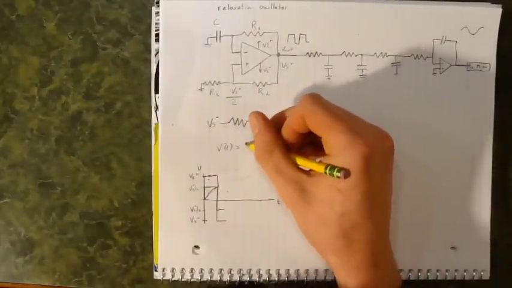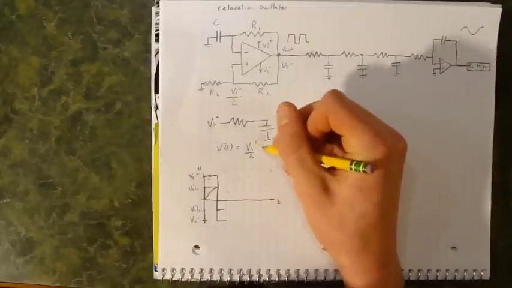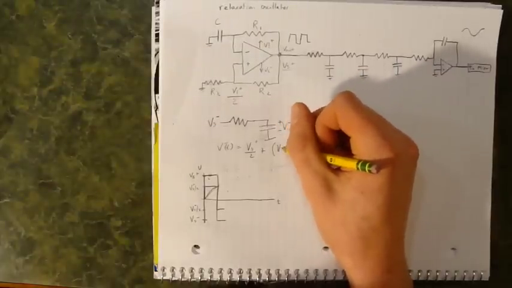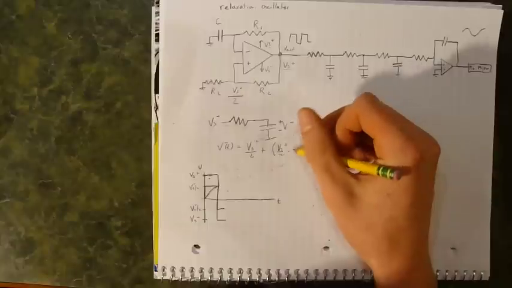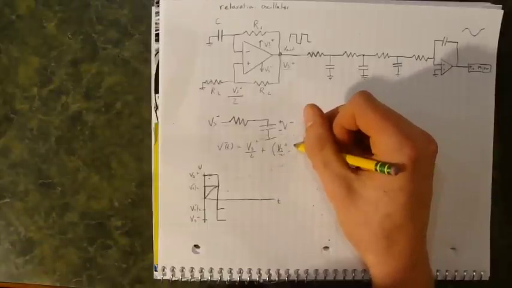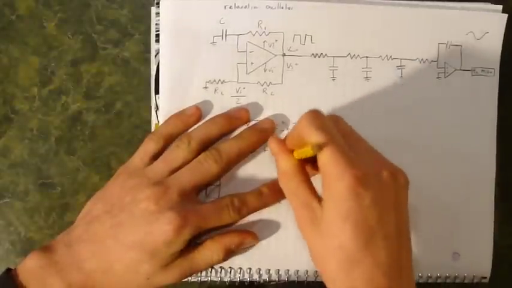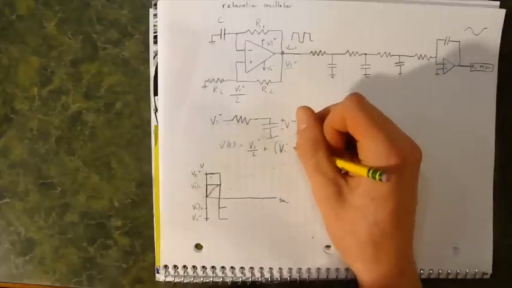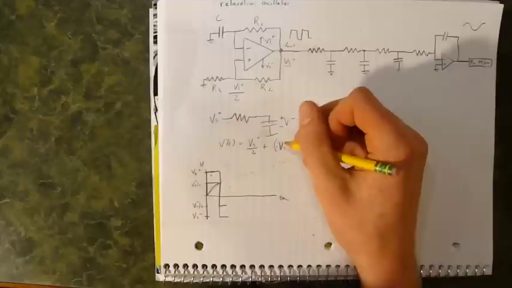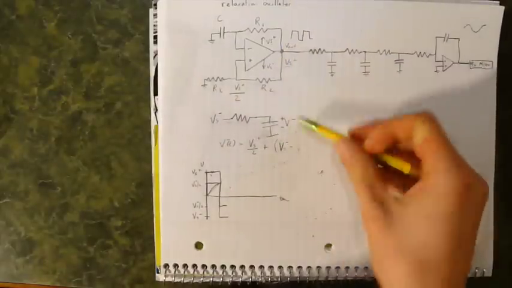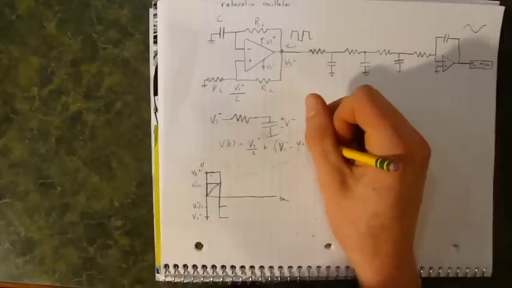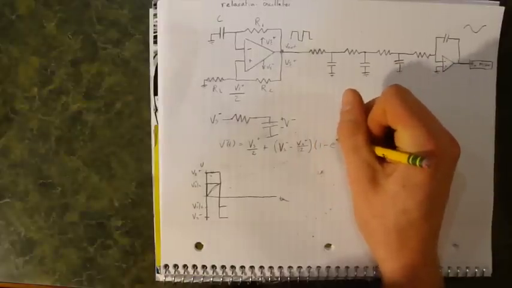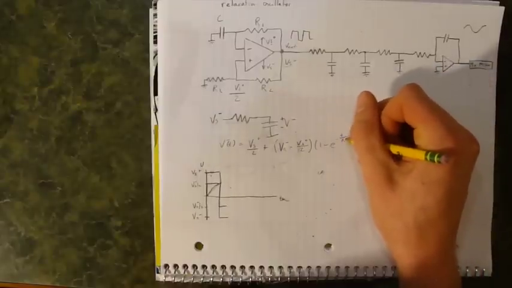Since it starts off at Vs divided by 2, plus the new voltage, which is negative Vs minus Vs positive over 2, times 1 minus e raised to negative t over RC.